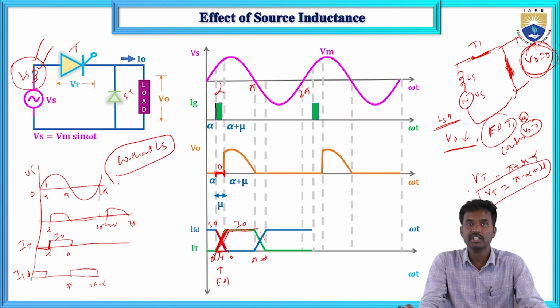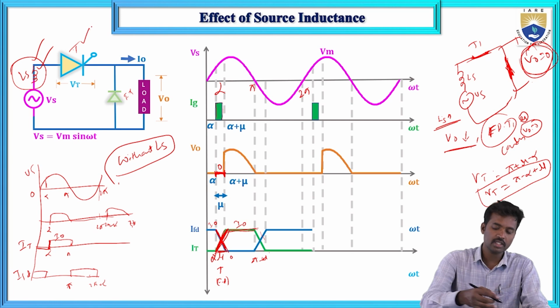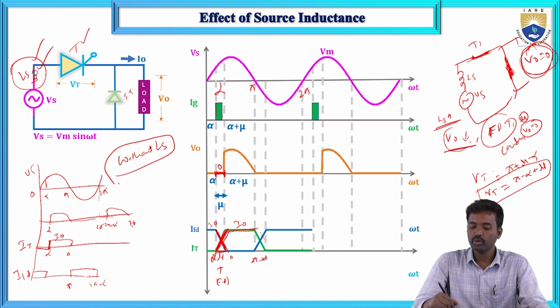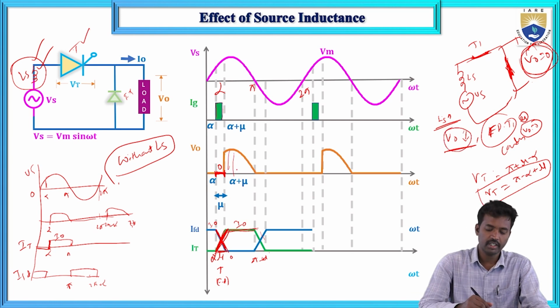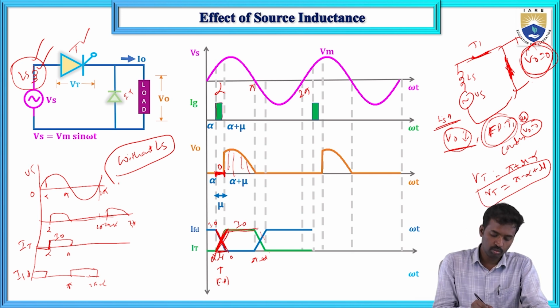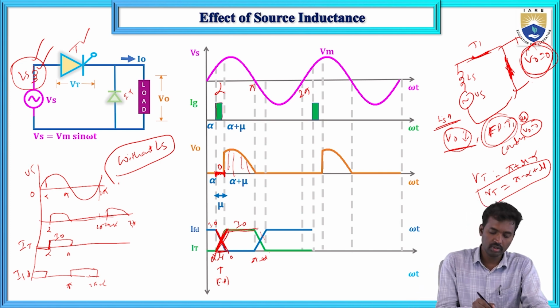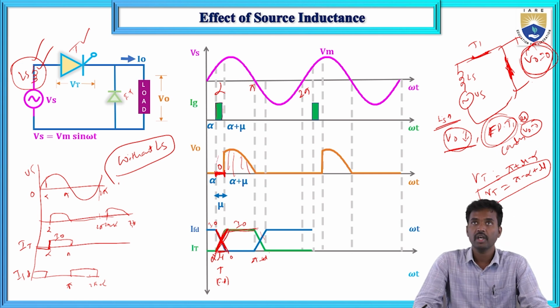Because of this source inductance, the SCR conduction time increases, and next, the average output voltage will decrease. And at a time, the freewheeling diode and thyristor SCR T1 will conduct during this overlap angle. Both are conducting, all switches are conducting, and during this overlapping period the output voltage is 0. So these are the three main effects.